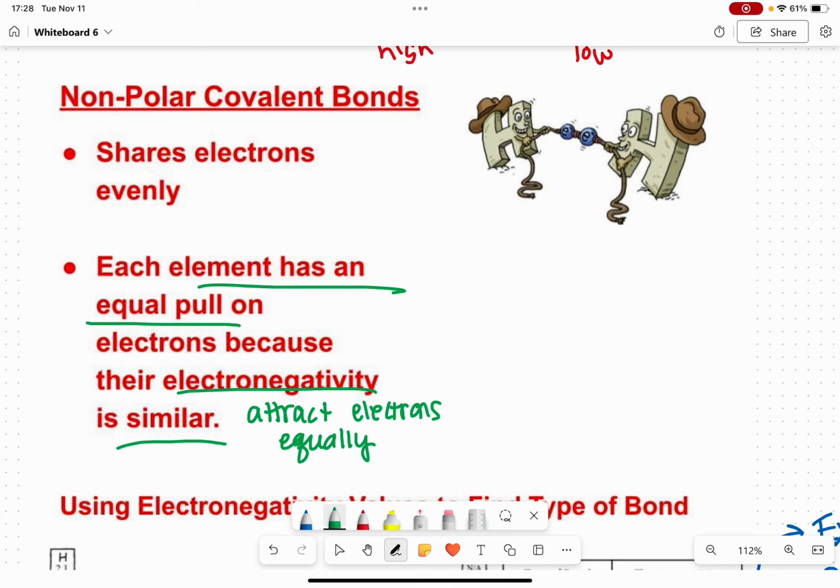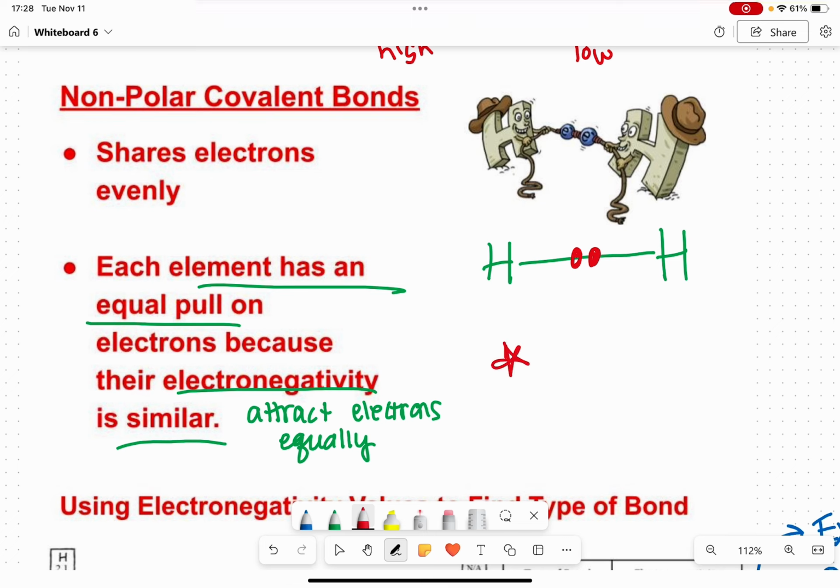So if we are looking at this picture, we have two hydrogens. Because they're the same element, we know they're going to attract electrons the same amount. And so if I were to draw that, because they share equally, I'm just going to put those two electrons in the center because it's equal.